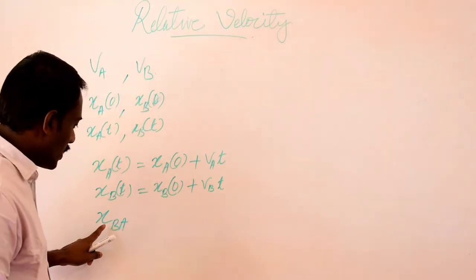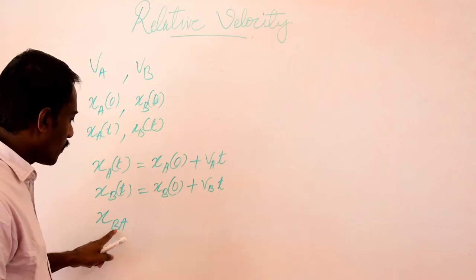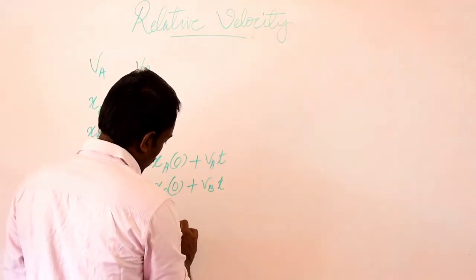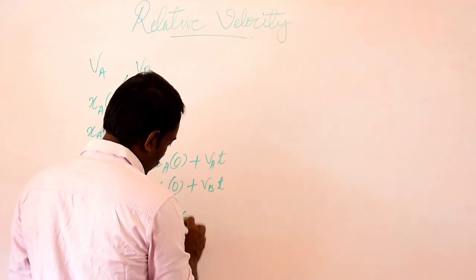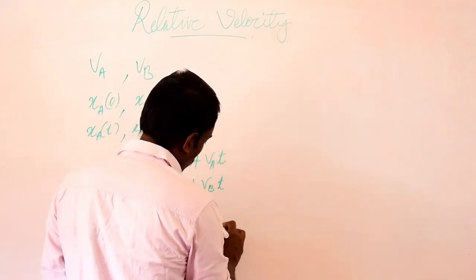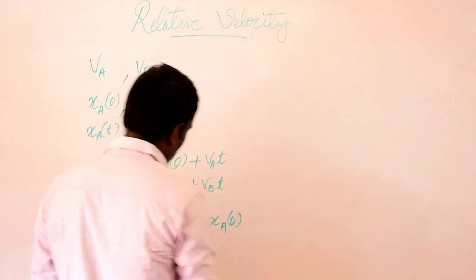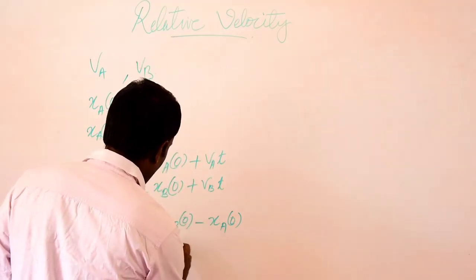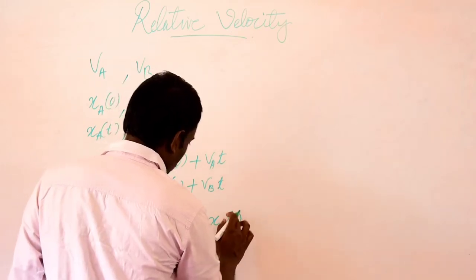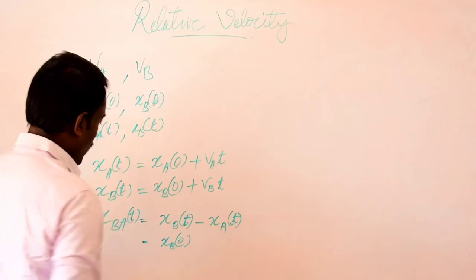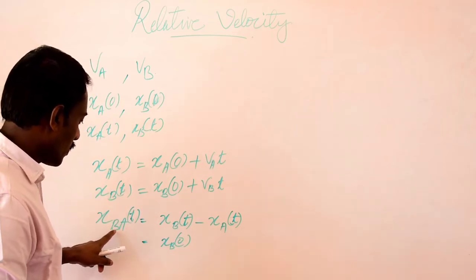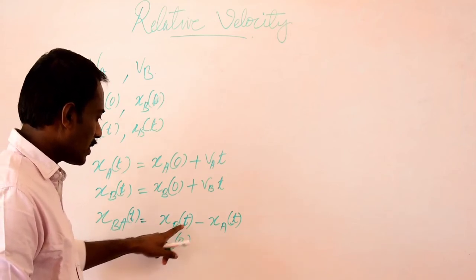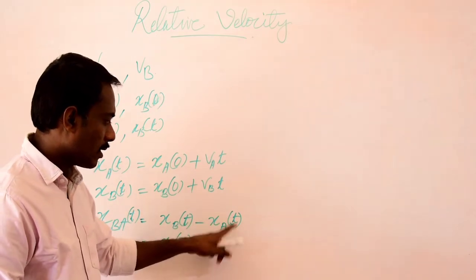That means the displacement of vehicle B from vehicle A at the time t is equal to the displacement of vehicle B at the time t minus the displacement of vehicle A at the time t, xB minus xA.